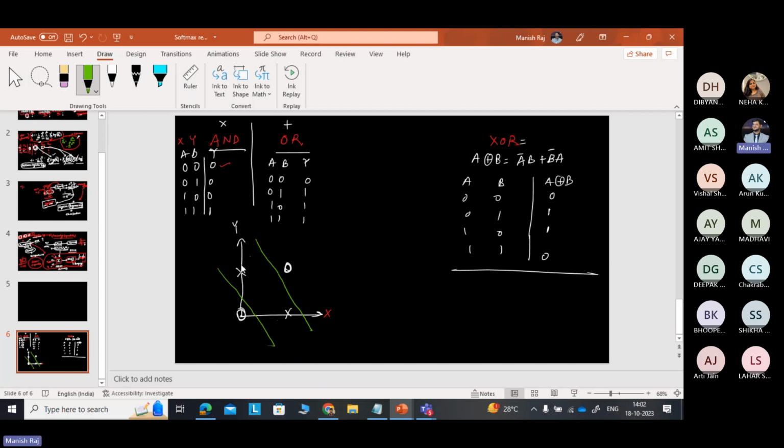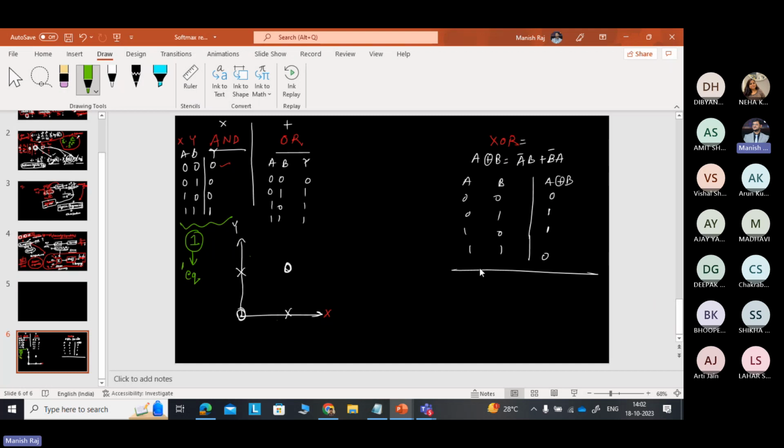Try to understand where I am going. If I can find these two separating lines, this data will be in one class and the outside data will fall into the other class. This way I can separate this data, but with only one line, I can't. Perceptron is only one unit and it gives you only one equation.